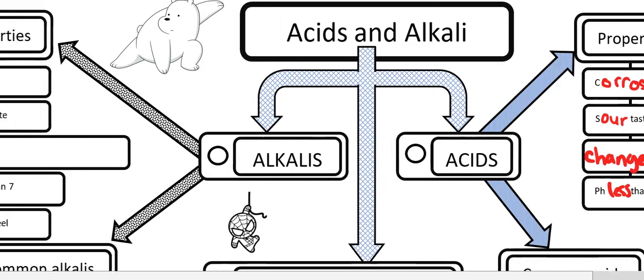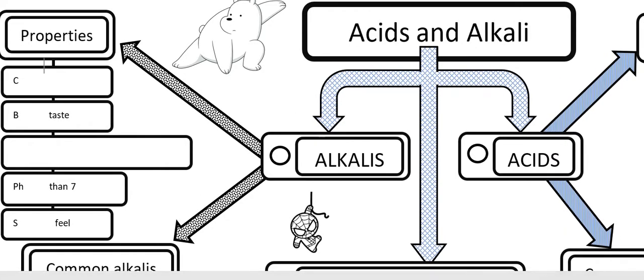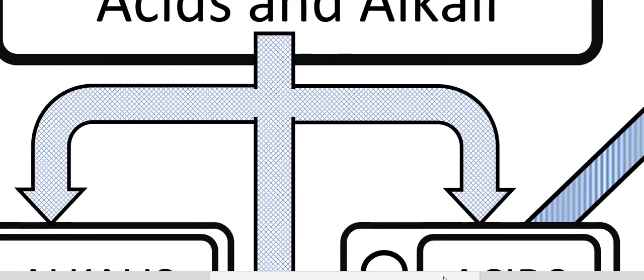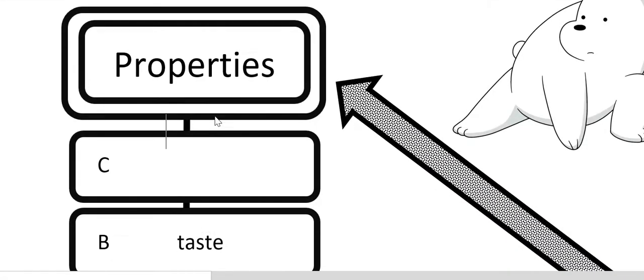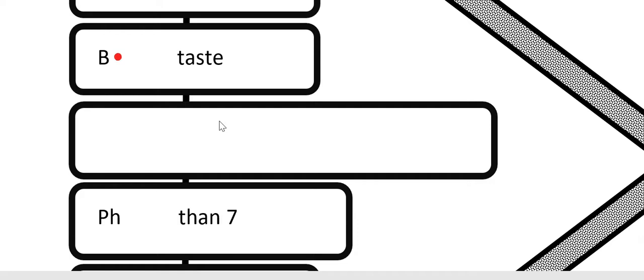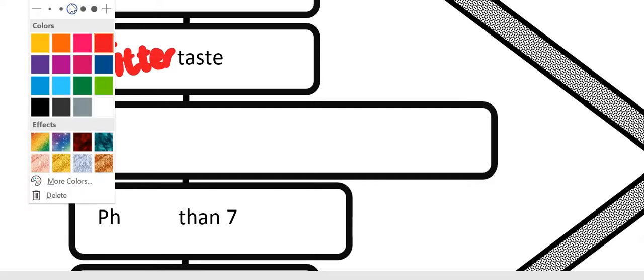Now let's compare that to alkali. The properties of an alkali, it can also be corrosive if it is a very strong alkali. B for bitter taste. I think I'll reduce the pen size.